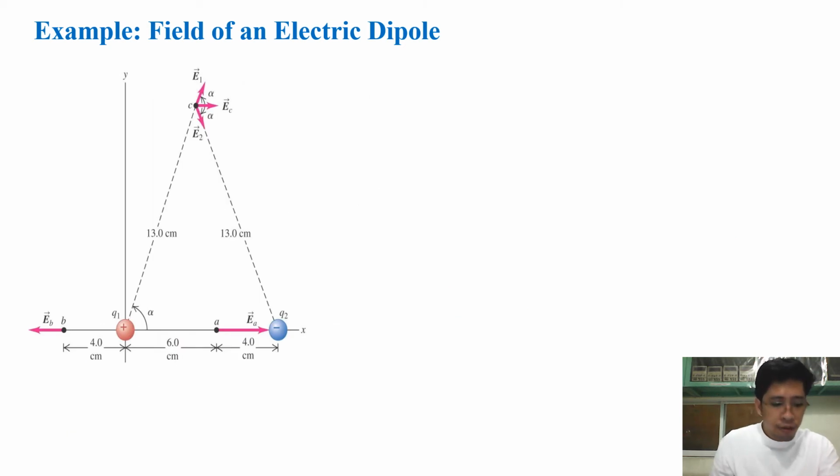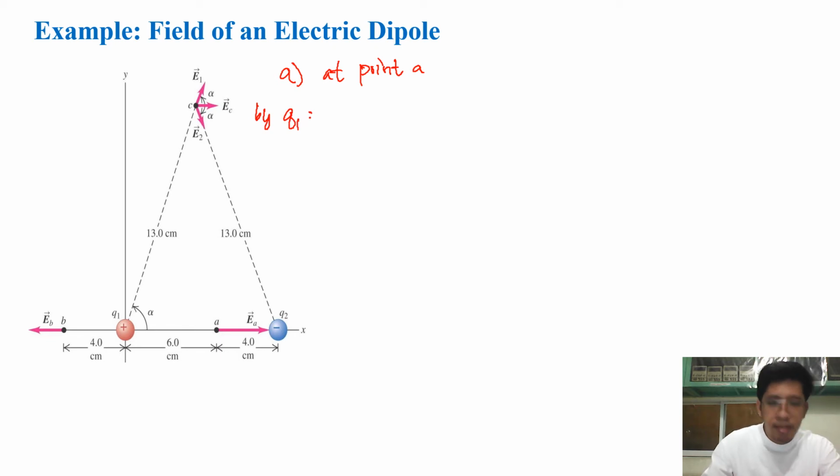So now let's solve for the problem. First you're asked to find the electric field caused by Q1 at point A, and then by Q2 at point A, and then the total electric field at point A. So for A, let us solve first at point A by Q1.